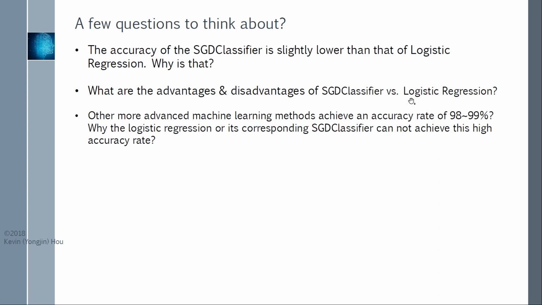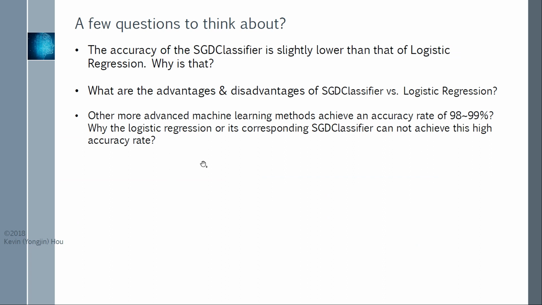But when the data becomes big, let's say not 60,000 anymore but 6 million or 60 million, it's going to explode the memory capacity for many computers. In that case, the SGD classifier is the approach you must take in order to handle a really huge data size. So that's the main advantage of the SGD classifier, which can handle really big data, for which the logistic regression in batch mode may not.